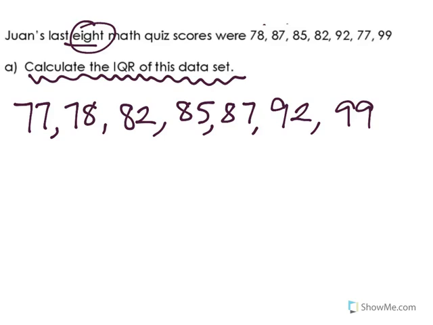Eight pieces of data is an even amount, so I'm going to have to find the average of the 2 middle numbers to find the median, or quartile 2, of this data set. That means there are going to be 4 pieces of data on the left and 4 pieces of data on the right.